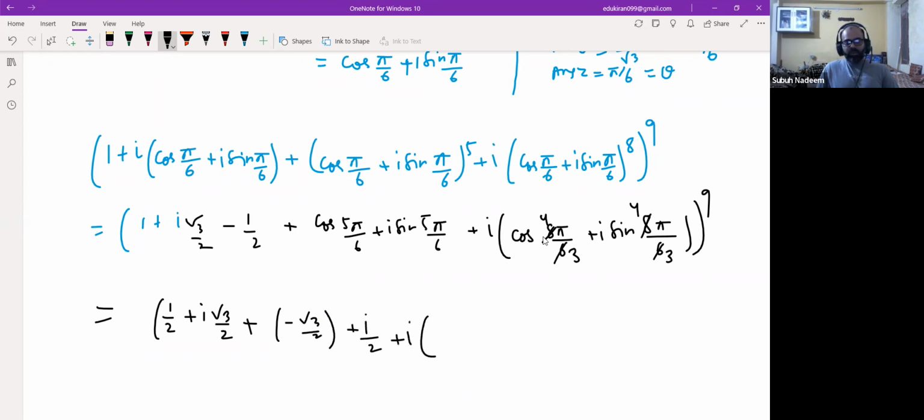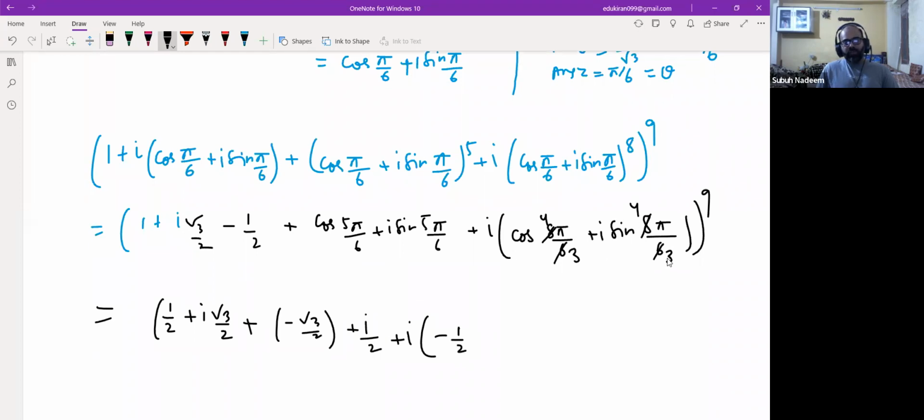Plus iota, this is cos 4 pi by 3, that is cos of pi plus pi by 3. So cos of 180 degree plus theta is minus cos theta. So minus cos pi by 3, which is minus cos 60 degree, that is 1 by 2.